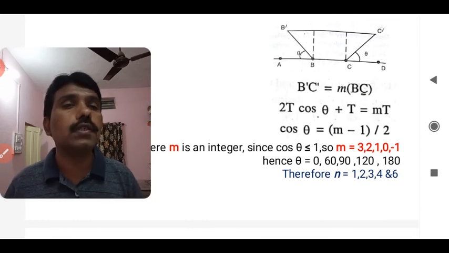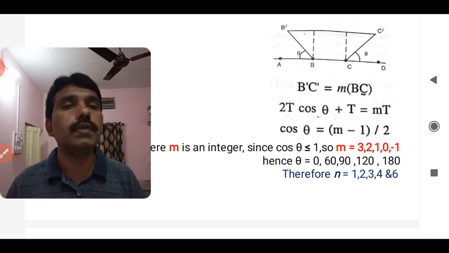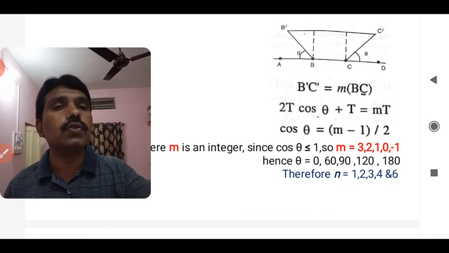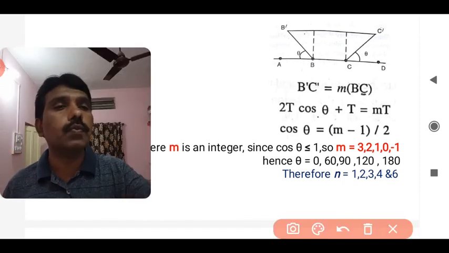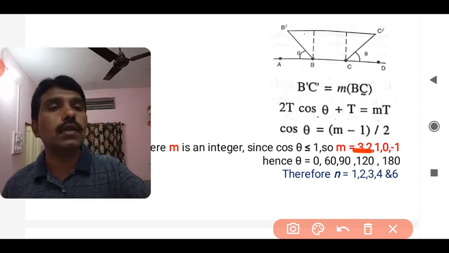Now in this case, this cos theta depends on the values of M. If suppose I am putting M here as shown, that is 3, M is equal to 3, then M minus 1, that is 3 minus 1, will give me 2, 2 by 2 is going to be 1, and that's why cos theta will become 1.